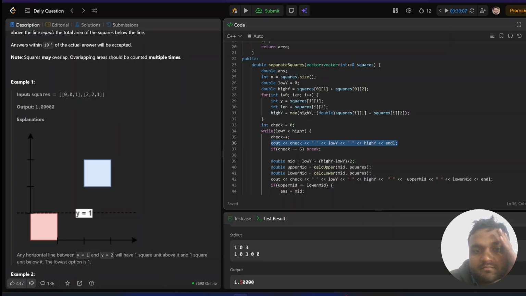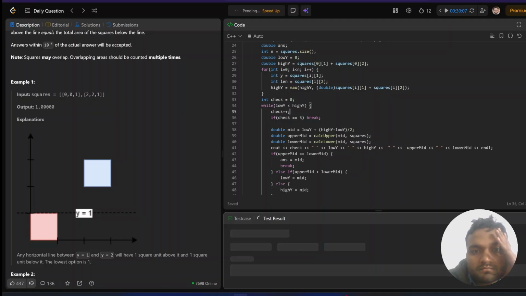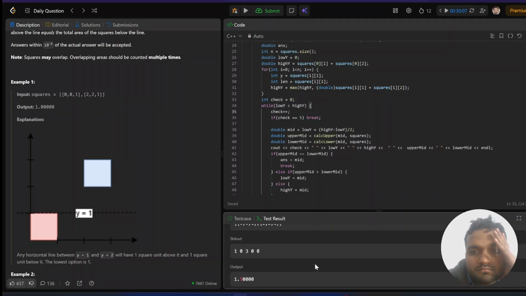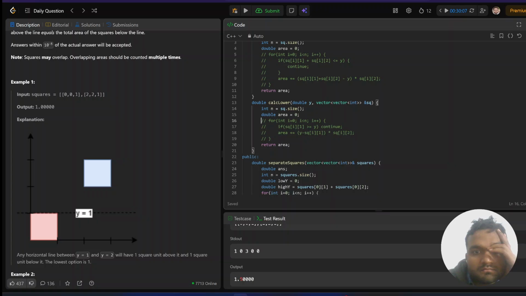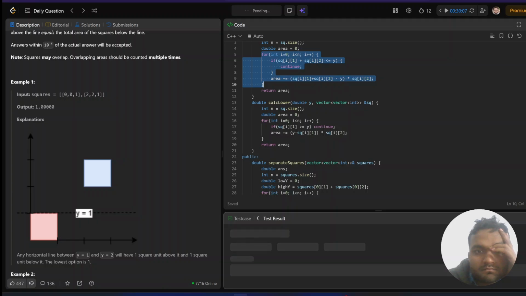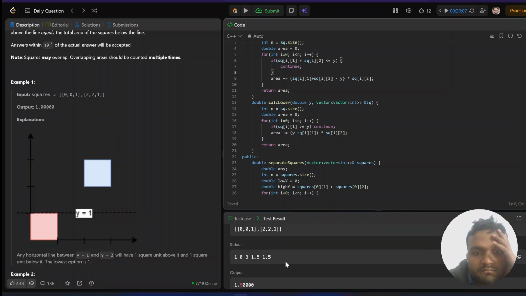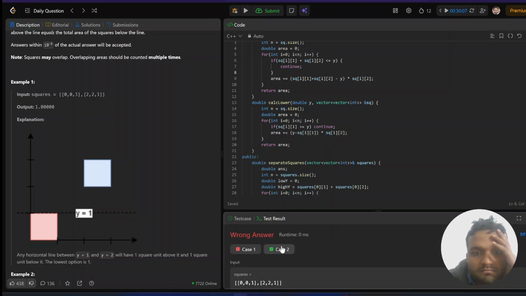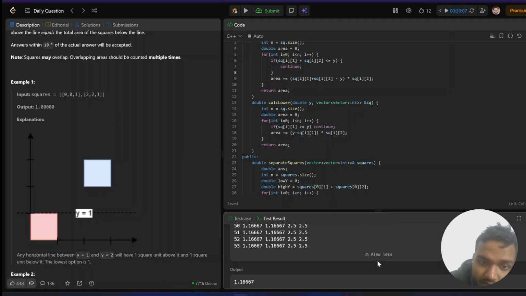Because of this line. Oh, something happened here and we got a correct answer.